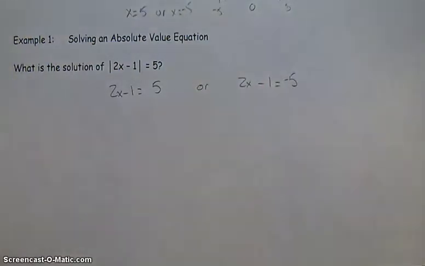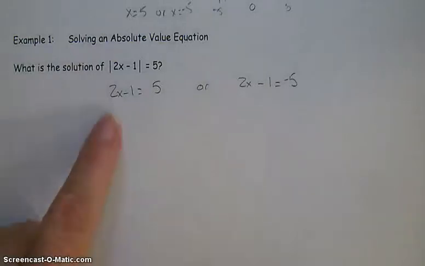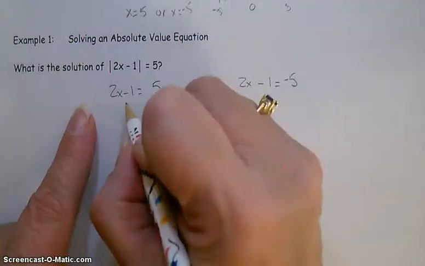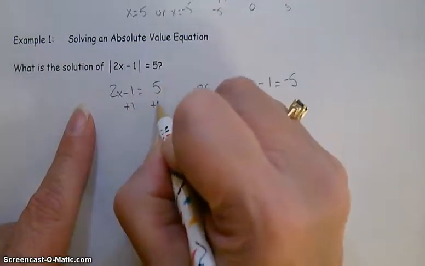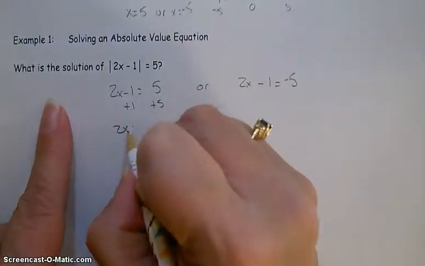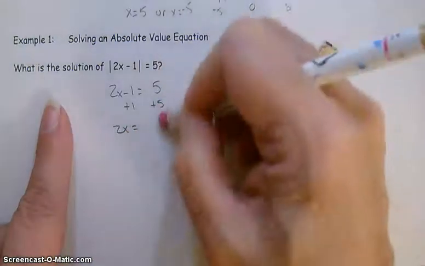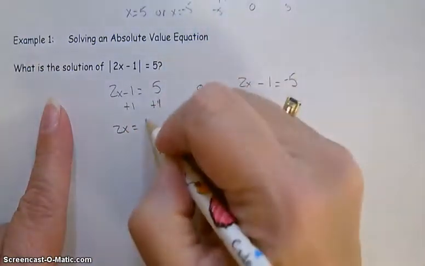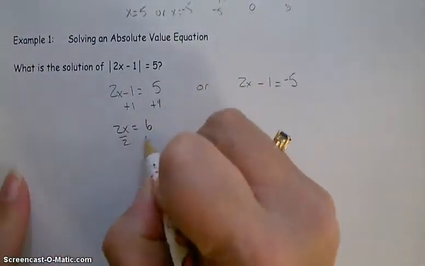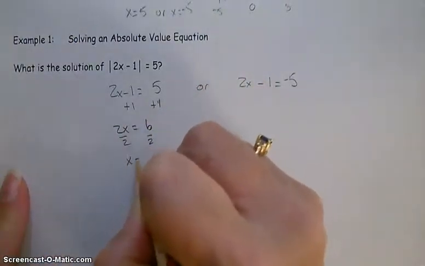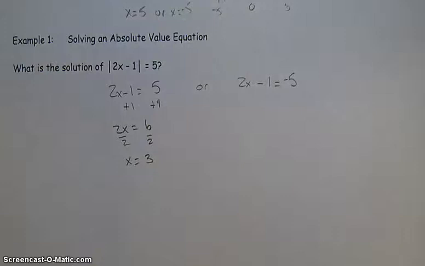Okay, so you solve these like a regular linear equation. In the first, I add 1 to both sides and I wind up with 2x equals 6, and then divide by 2, and I get x equals 3. So that's the positive 5.